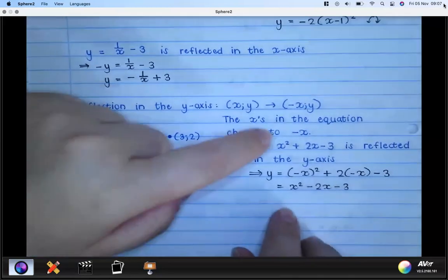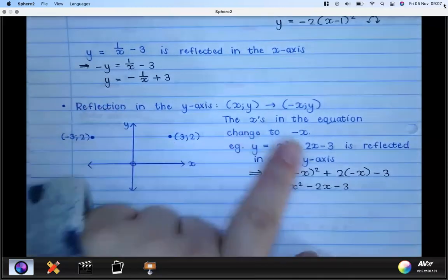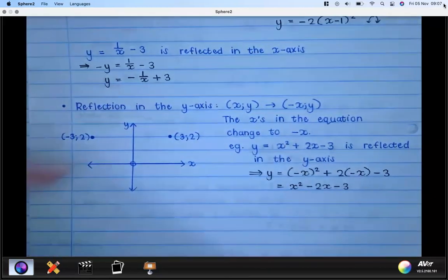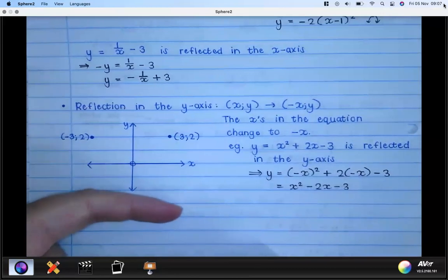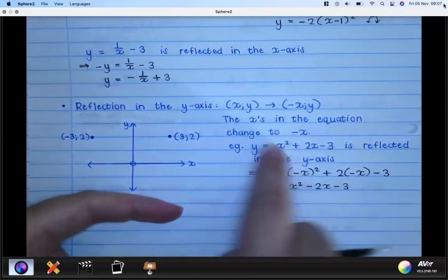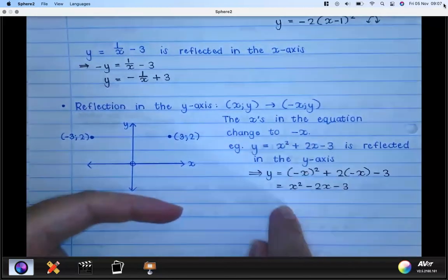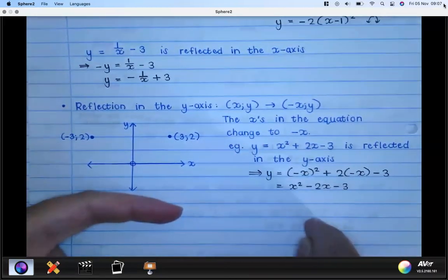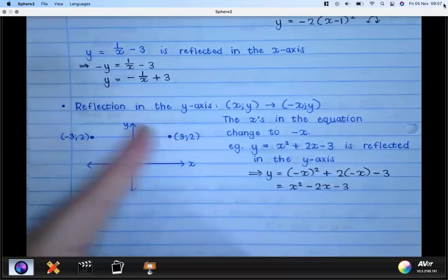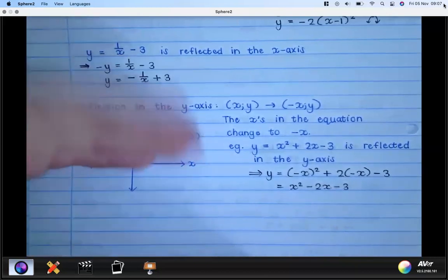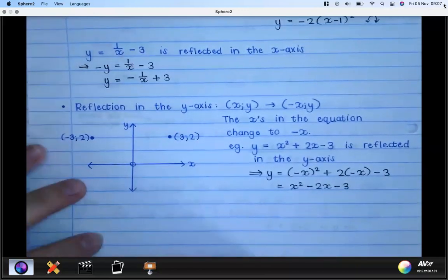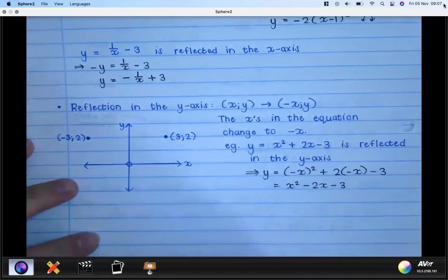Now this is saying that if this is the original graph, reflected in the y-axis, it now becomes this graph. Remember, if you reflect in the x-axis, then this will have to go from being +x², which is an upwards facing parabola, to being -x², which is a downwards facing parabola. But I'm not flipping the shape of the graph, I'm just flipping its position.